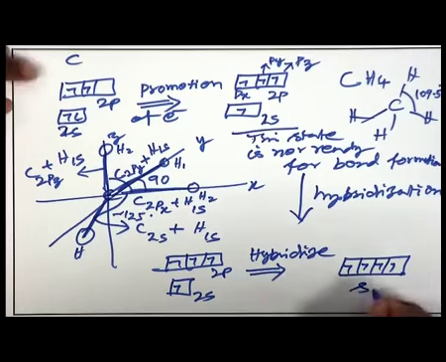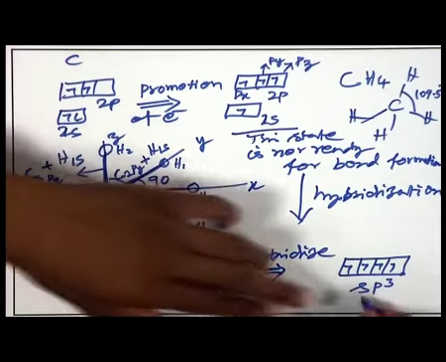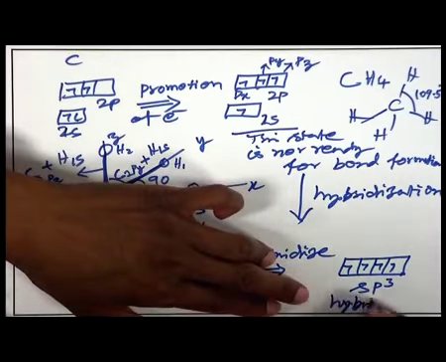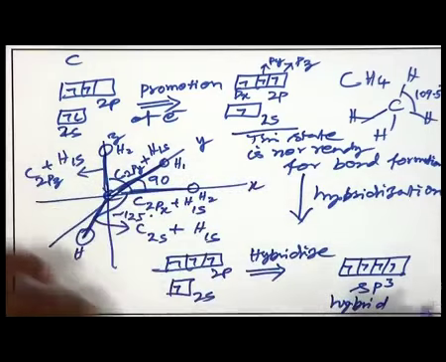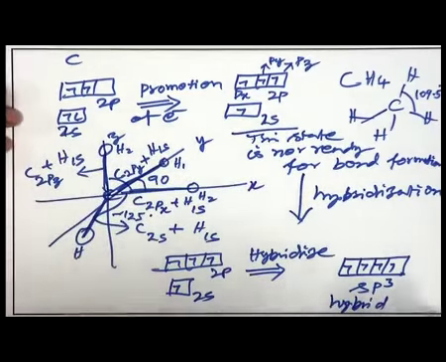This is called sp3 hybrid orbitals. It is sp3 because the s orbital mixed with p orbitals. How many p orbitals? 3 p orbitals. That is why they are sp3 hybridized orbitals, sp3 hybrid orbitals.